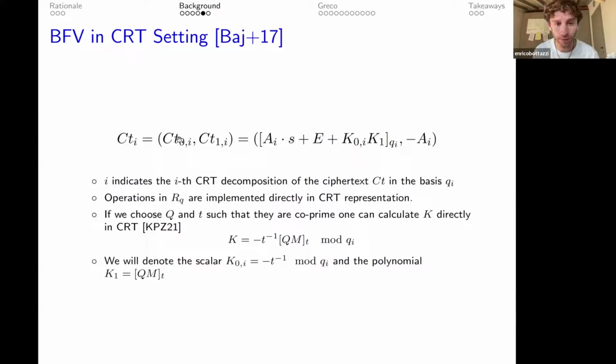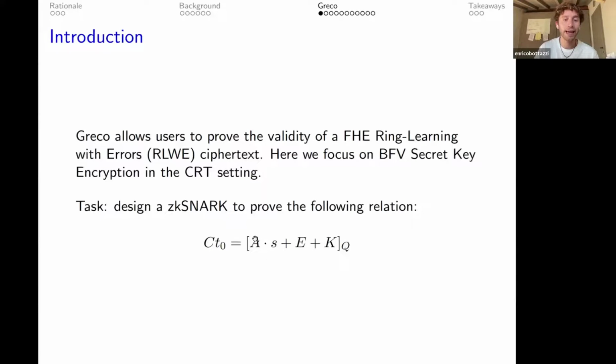So we don't really need to prove anything about CT1. We can just expose this A as a public instance of our zk-SNARK and let the verifier also check in addition that this is matching the second component, the CT1 component of the ciphertext.